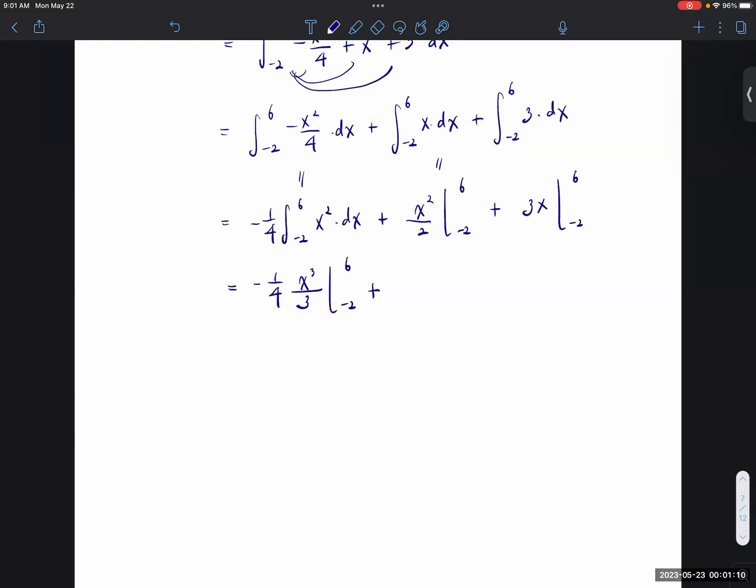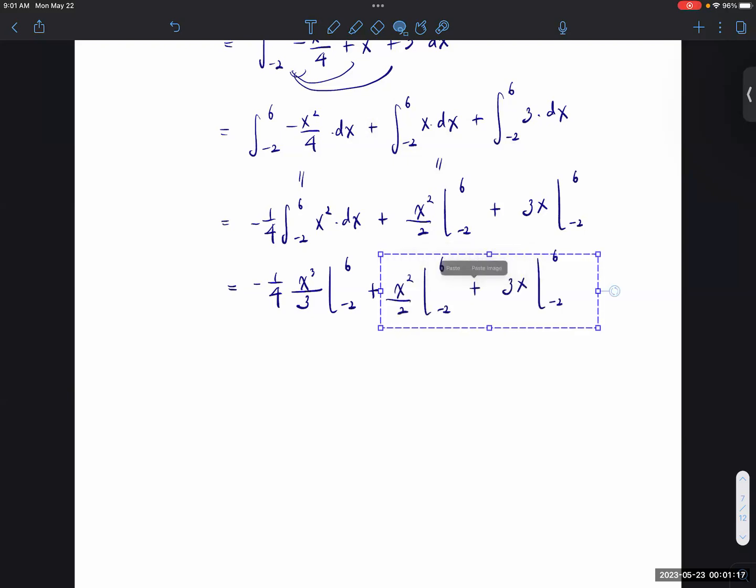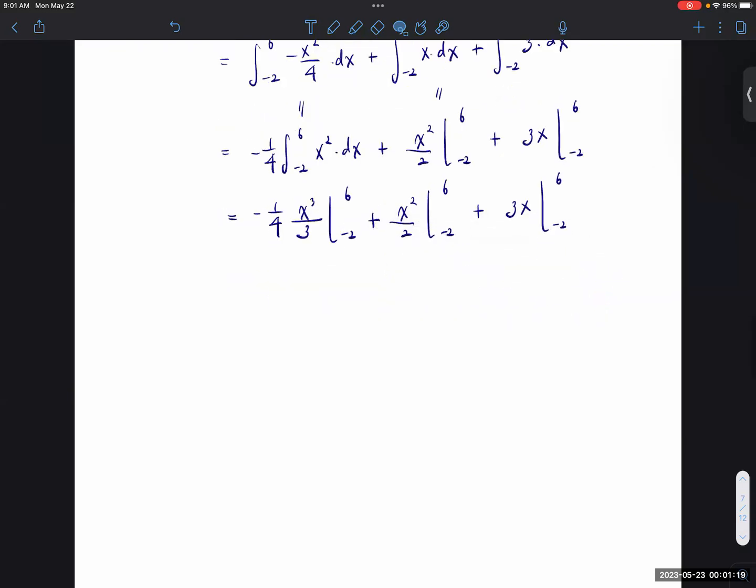And then you can simply subtract them, but I'm going to copy this one more time. So this is negative 1 over 4 times 6 cubed over 3 minus negative 2 cubed over 3, plus 6 squared over 2 minus negative 2 squared over 2.